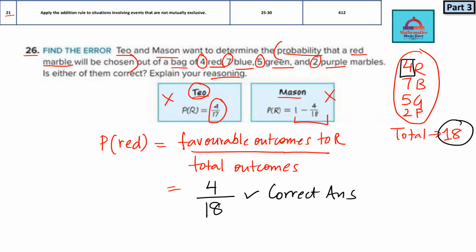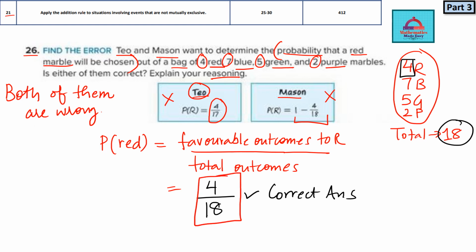Okay, so both of them are wrong. And I hope that you understood why both of them are wrong. Yeah, because the correct answer is going to be 4 over 18, 4 divided by 18, which none of the boys, Theo or Mason, has found. So that completes this question where you have to find the error.